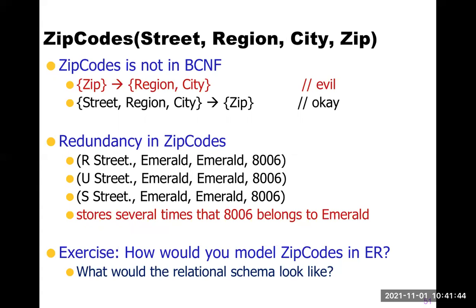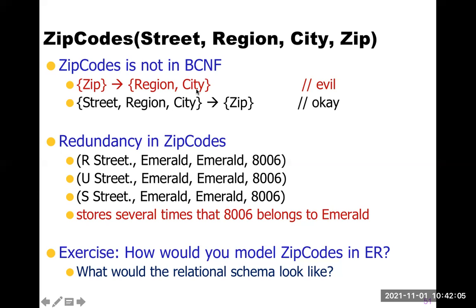The whole thing, the whole table, the whole relation remains, and then we add new tables extracted from it, in addition to our original table. And we can see what should be put in these additional tables: zip to region and city.